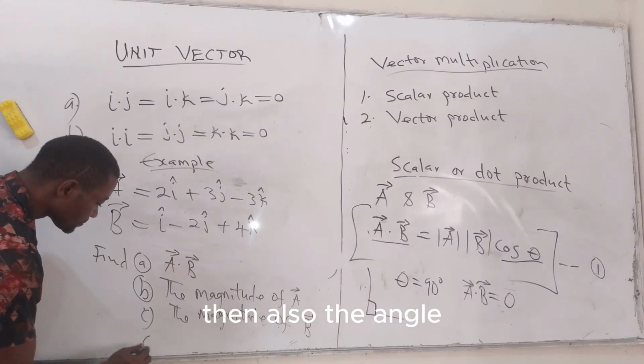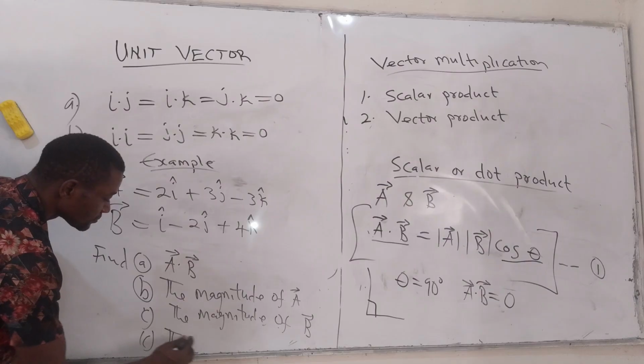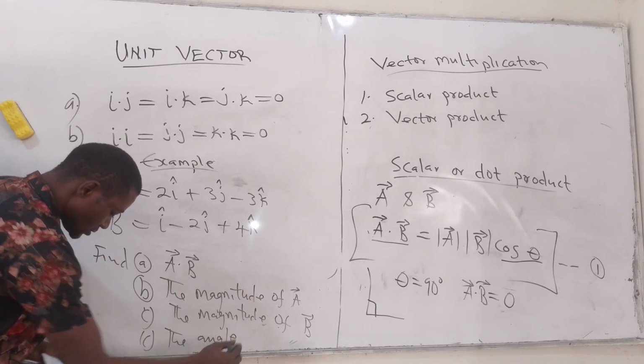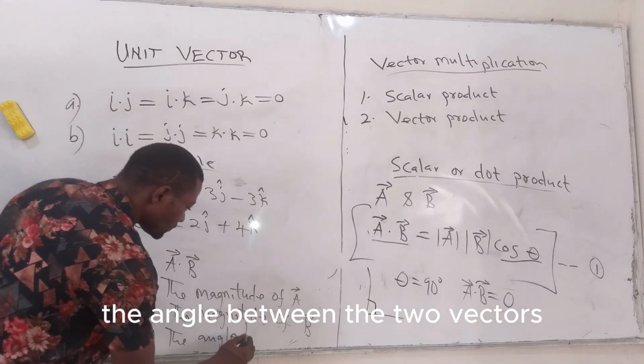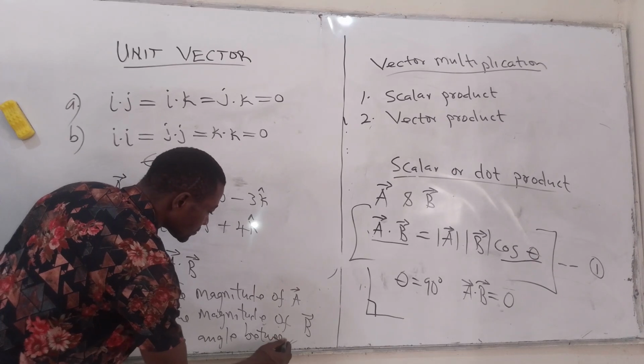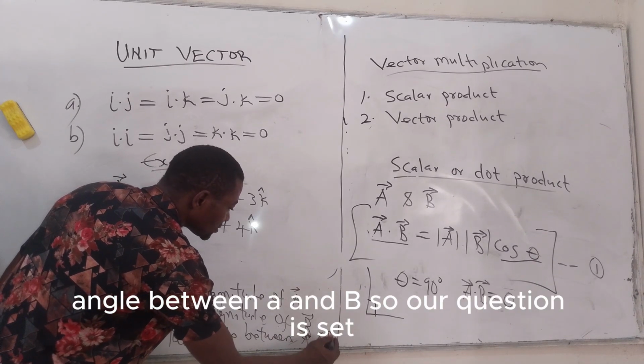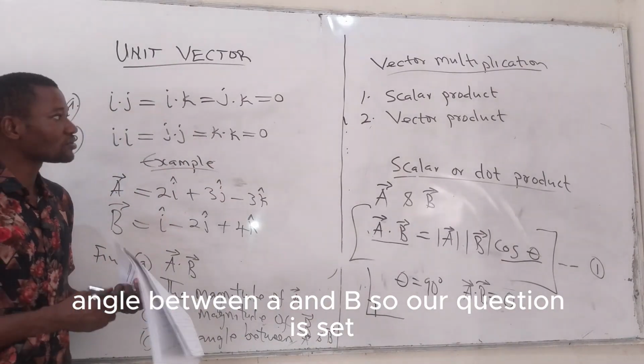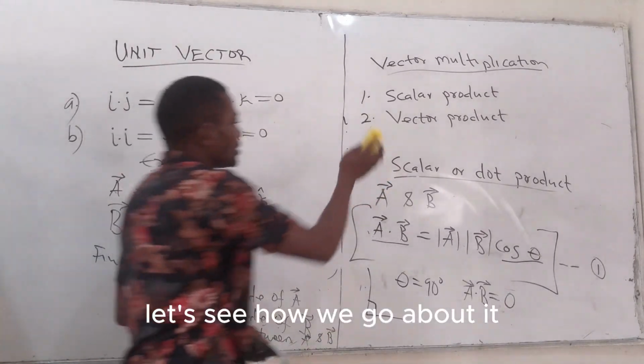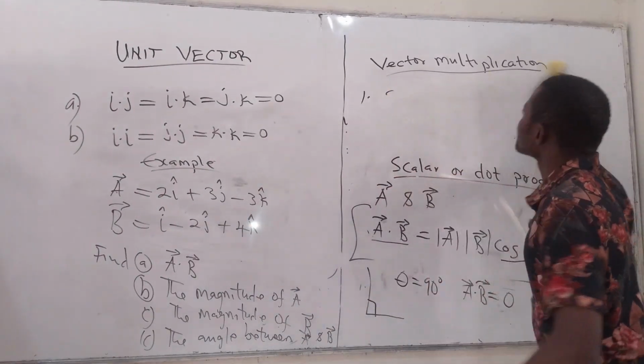Then also the angle between the two vectors, angle between A and B. So our question is set. Let's see how we go about it.